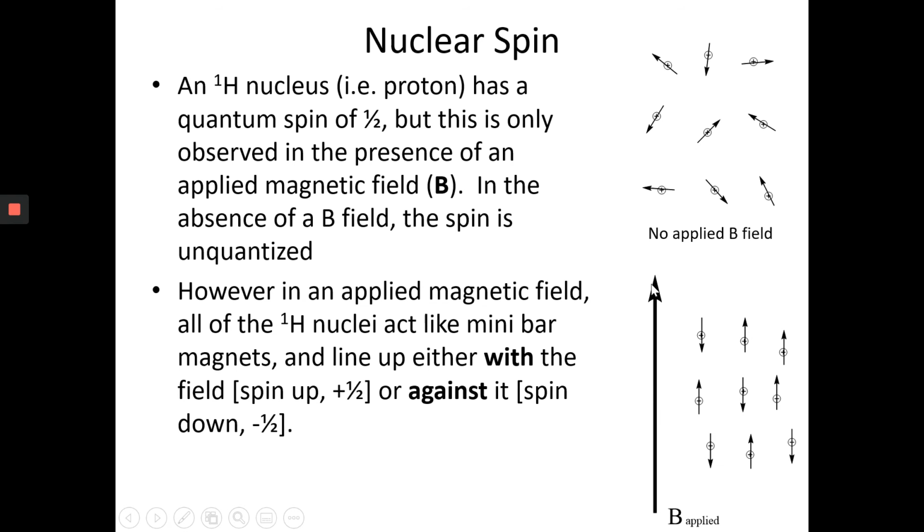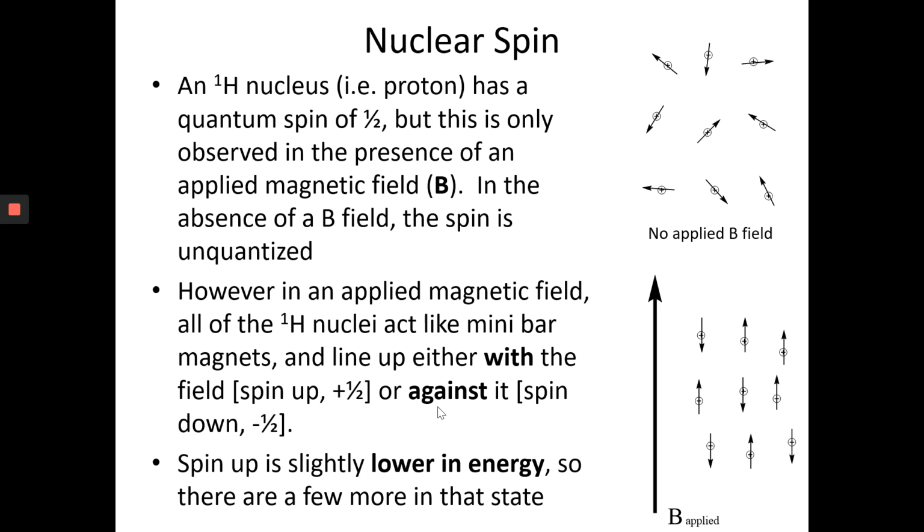The big arrow represents the direction of the applied magnetic field, and all of these are our little hydrogen atoms. You can see there's actually slightly more of them lined up in the same direction as the field as against it, but they're all lined up either with it or against it.